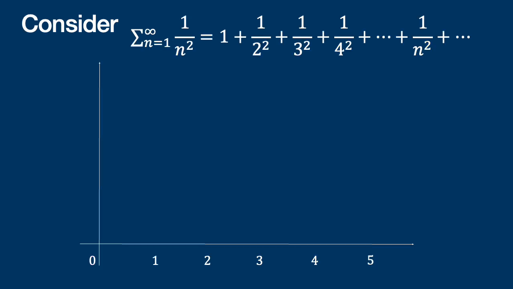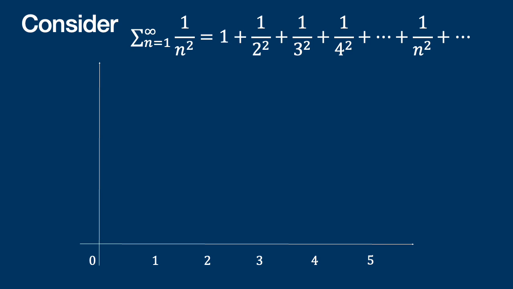So before I introduce the integral test, let's have this example. I want to determine if this series converges or diverges. I want to illustrate what it looks like: summation n equals 1 to infinity of 1 over n squared.